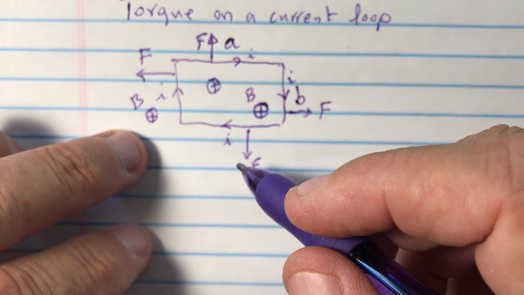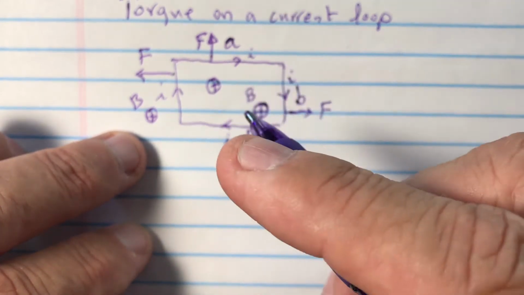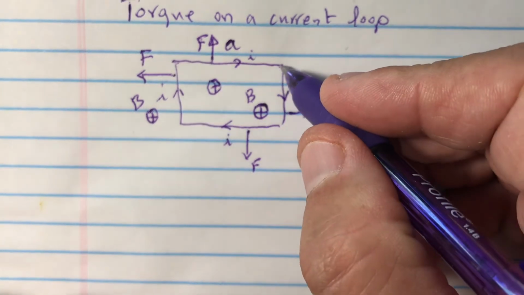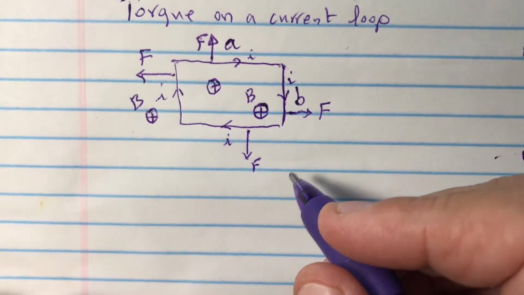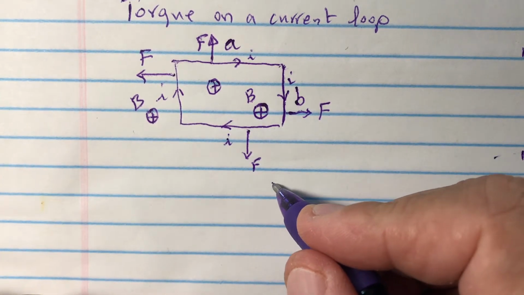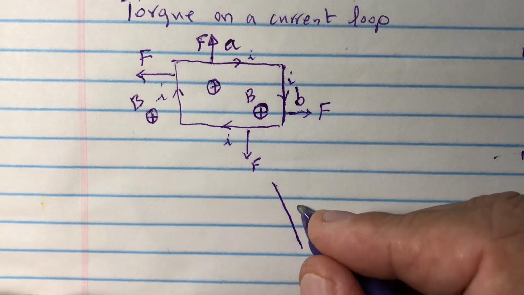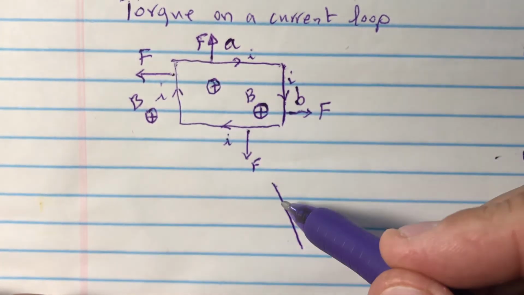Now what we're going to do is flip this loop. Flip this loop and we make it, you see this section here? We're going to turn it like that. This is the B section. You cannot see the section behind there.